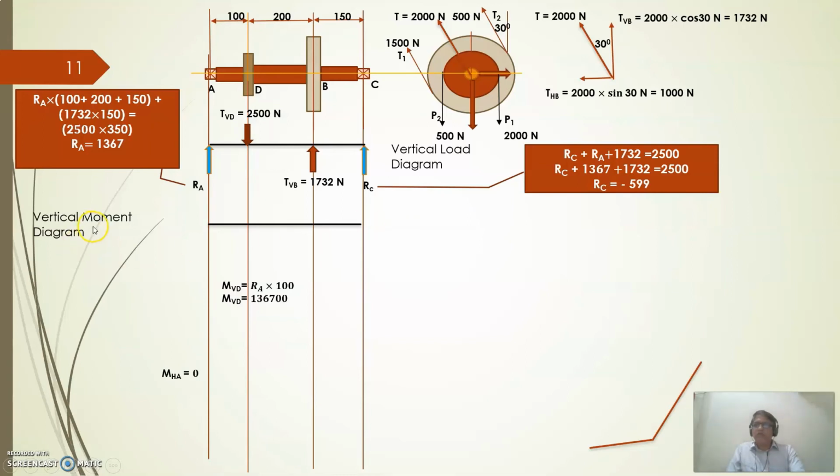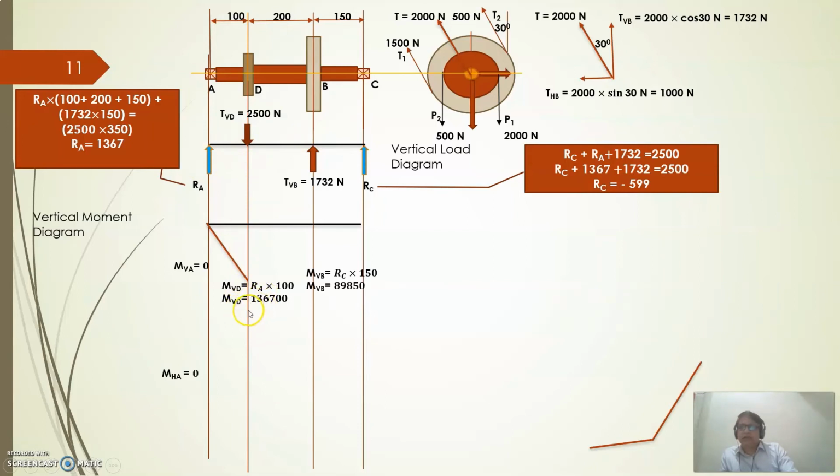So now we will go for the vertical moment diagram. At point D, if I take RA into D, these two forces are there, so that would take longer. It is better to take RA into 100.